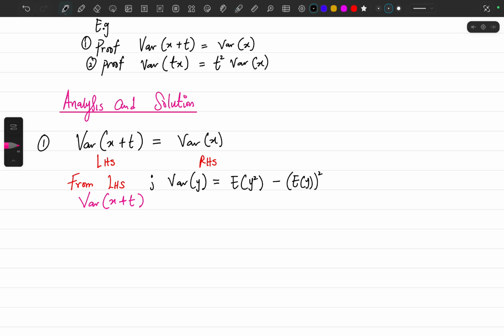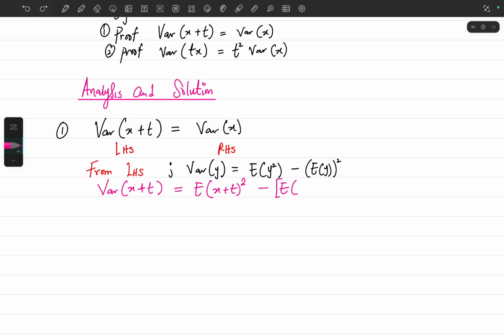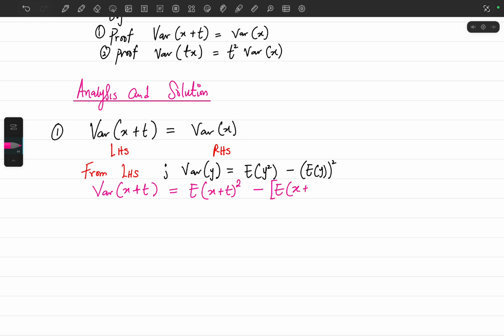All right, so here we have it. The variance will then be equal to the expected value of x plus t all square, and then we subtract the expected value, and what is coming into the bracket is x plus t.